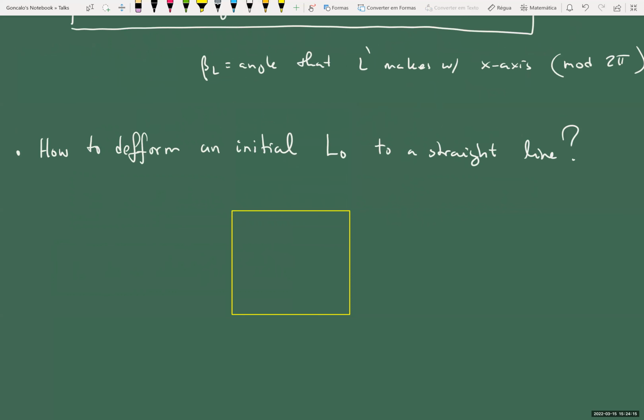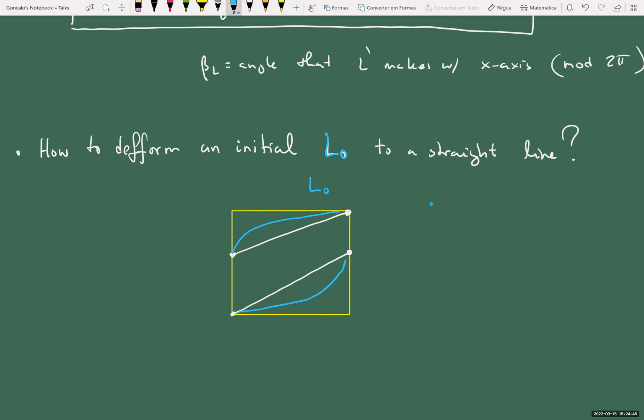Let's say we have an L naught like this. This is supposed to have constant slope, it didn't quite work out. But L naught is this one, and I want to deform it to the straight line that is in white.